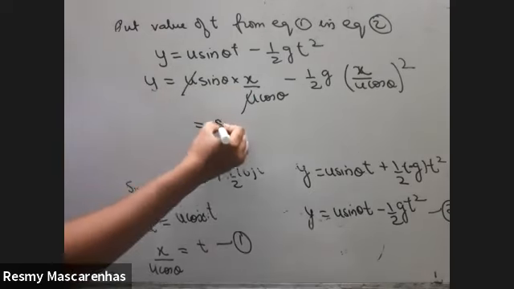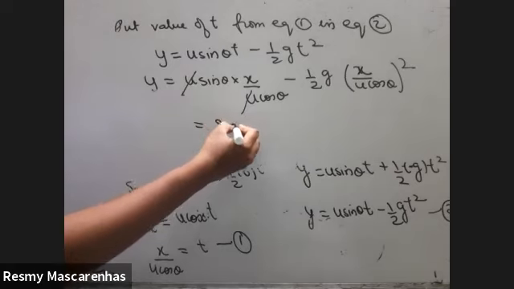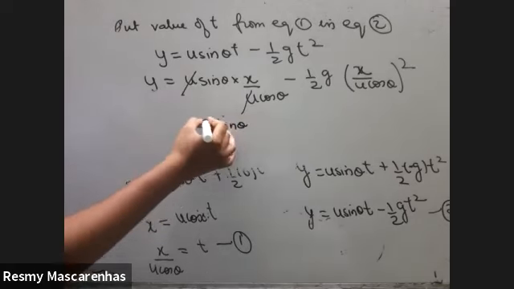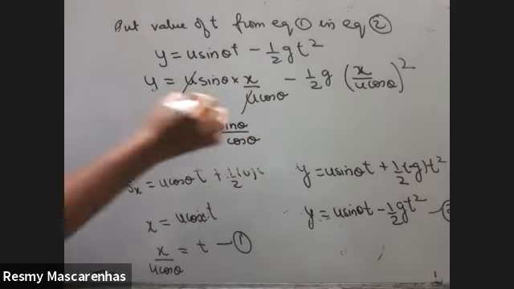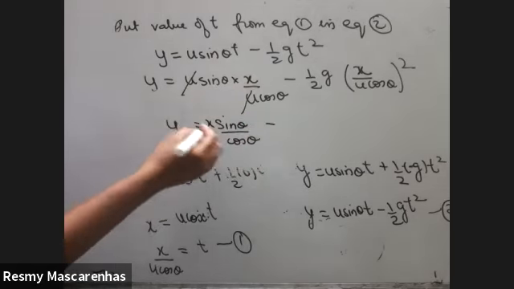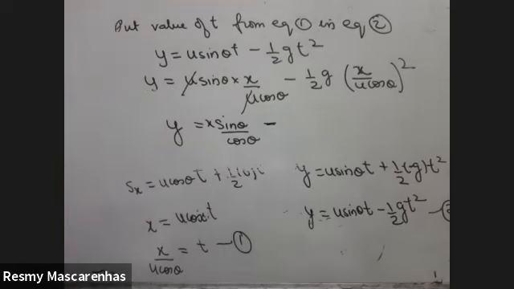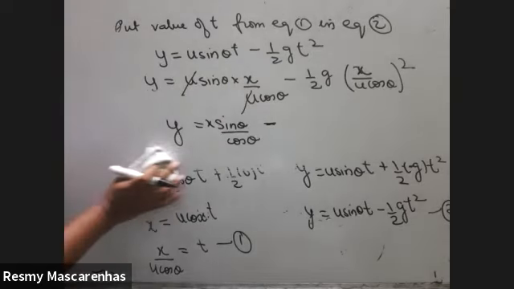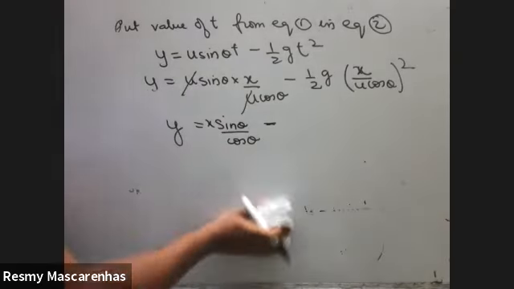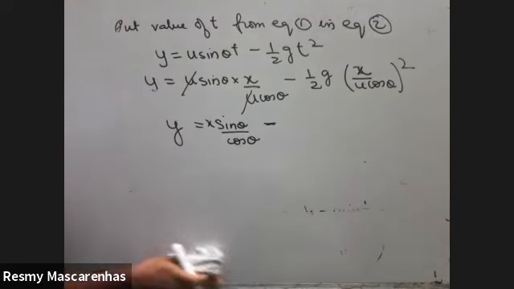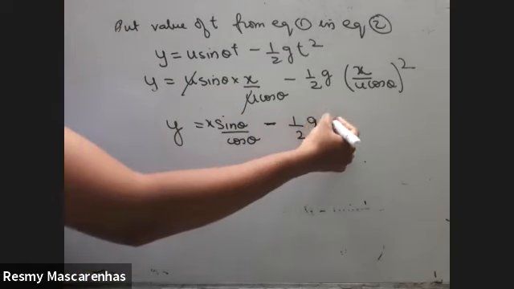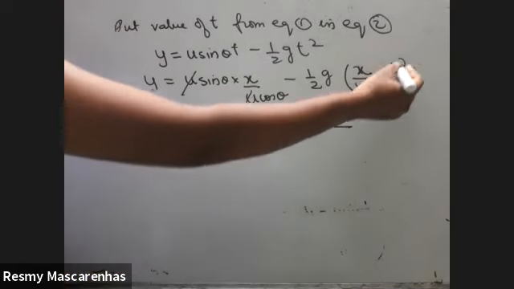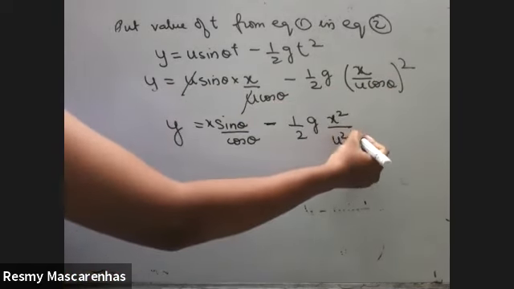So this will give you x sin theta upon cos theta, and square all the terms.